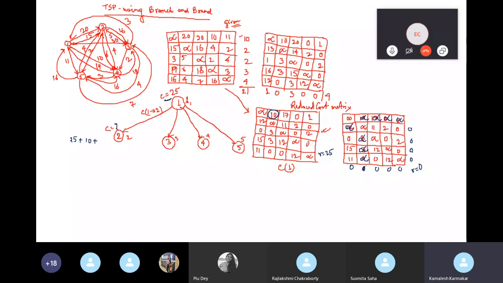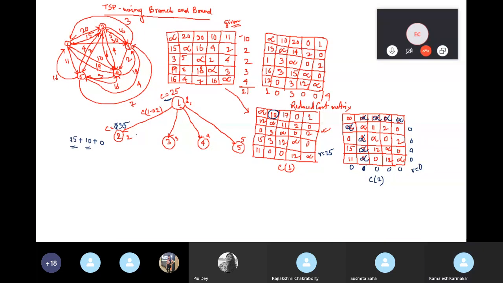When we calculate the cost of node 2, the value inherited from the parent is 25, then the cost of the edge from vertex 1 to vertex 2, plus this reduction, which is 0. So this value will now be updated, and we have determined it as 35.